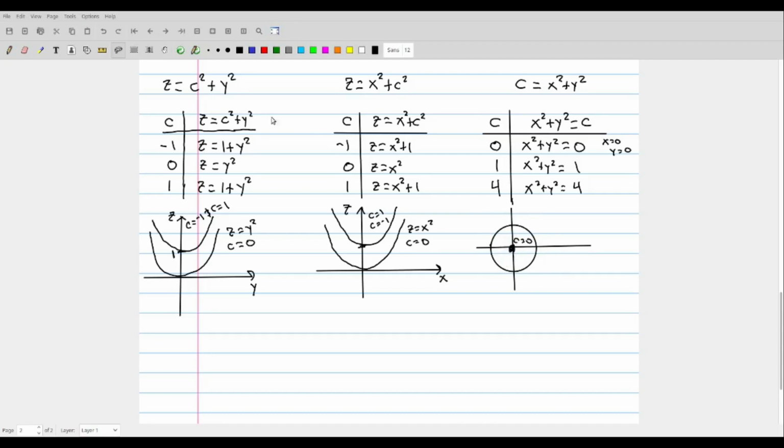So that origin point corresponds to c equals 0. This circle right here has radius 1.